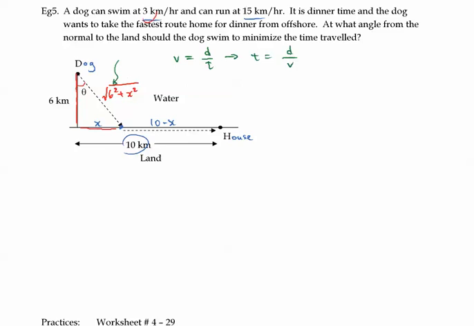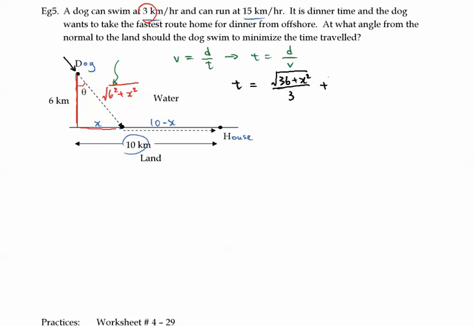And knowing how this dog can swim 3 km per hour, the time required for the dog to swim from offshore to the point somewhere on the shore would then be distance over speed. That's the first leg, swimming.